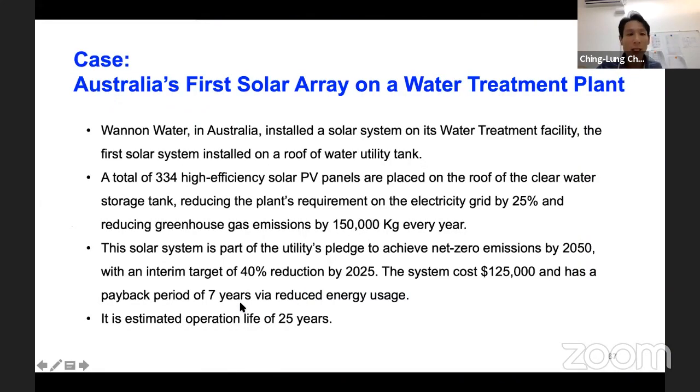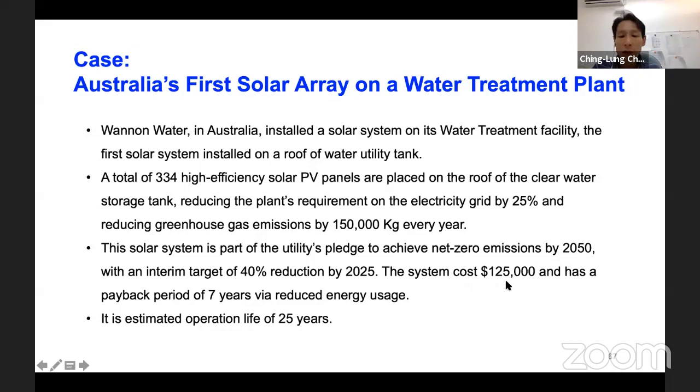Okay, and this is the case in Australia. In Australia, they install the solar panel on the water treatment facility. The first solar system was installed on the roof of the water utility tank. Right now the solar system is part of the utility's pledge to achieve net zero emission by 2050, with an interim target of 40% reduction by 2025.